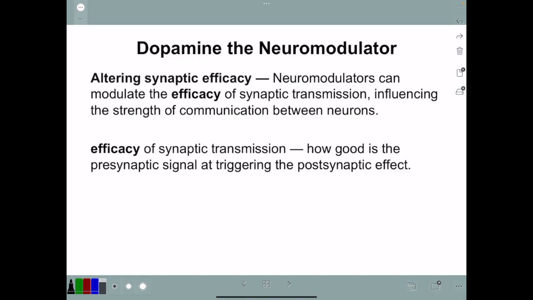And so through this modulation, we can change the efficacy, the ability of the neuron to produce a signal from a neurotransmitter. And so the efficacy of synaptic transmission, right? How good is the presynaptic signal at triggering the postsynaptic effect? And so let's take a look at our first example of this type of neuromodulation.